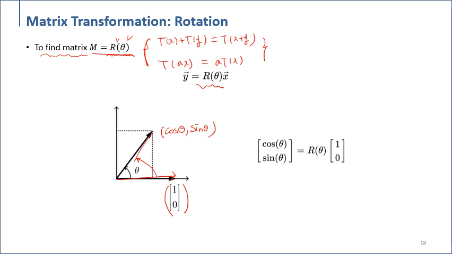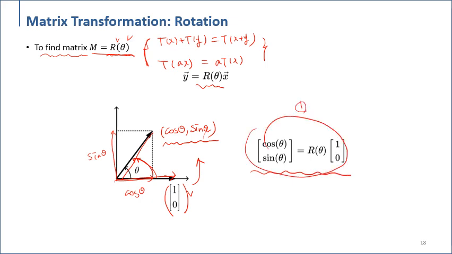By rotating this vector, the x component would be cosine theta, and the y component would be sine theta. So the vector would be transformed like this. By putting these results into this equation, we obtain the following equation.